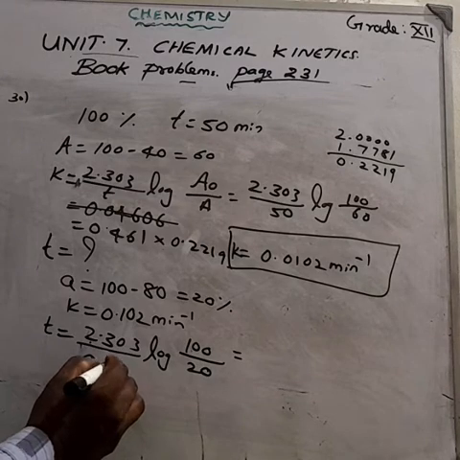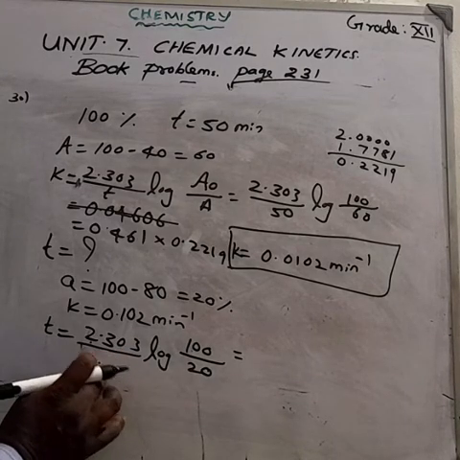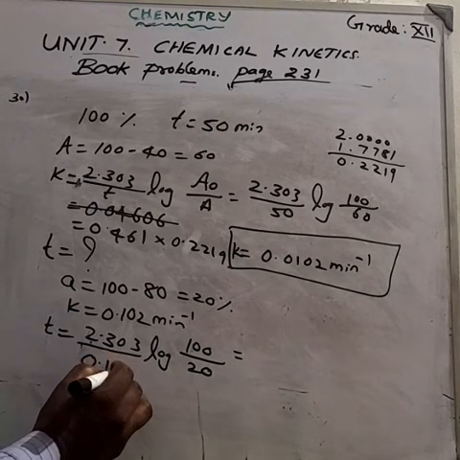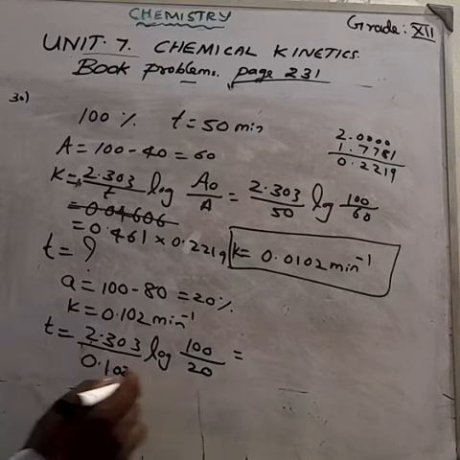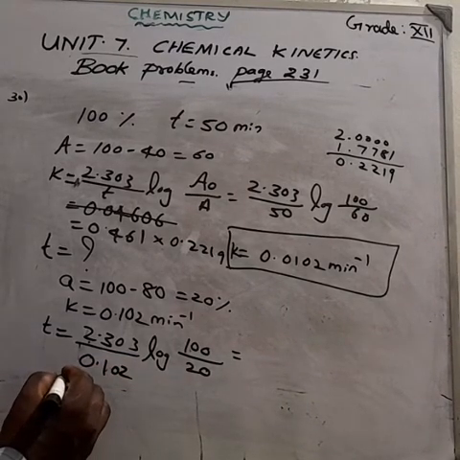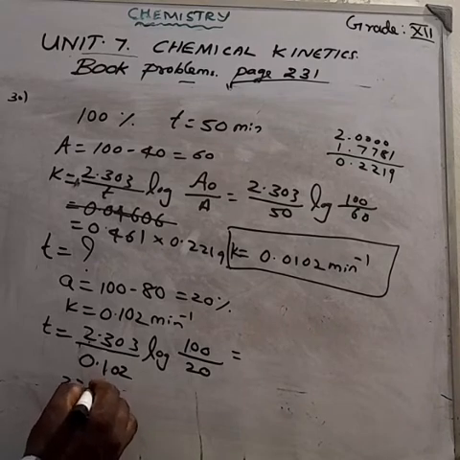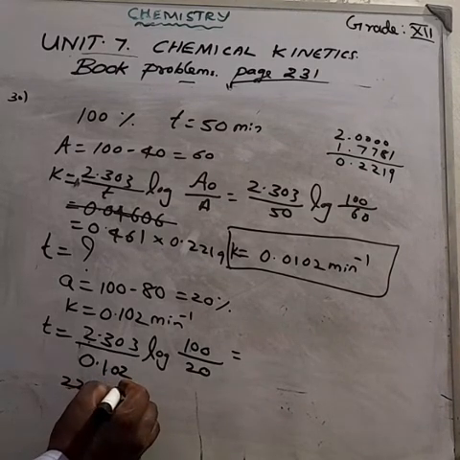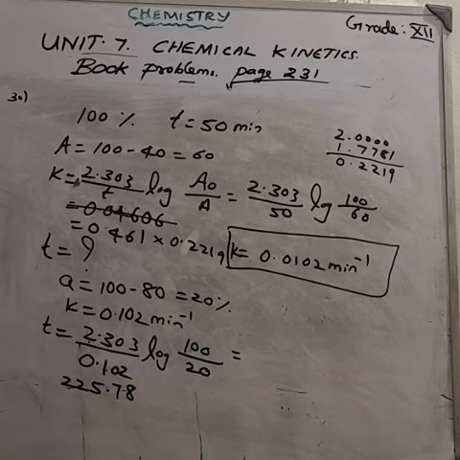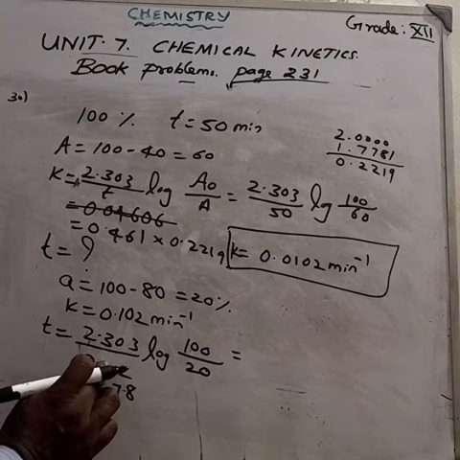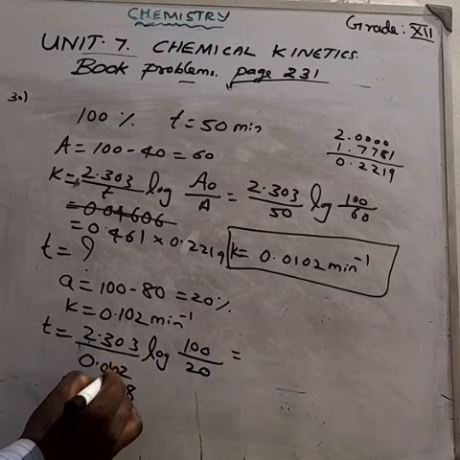I get the value that is equal to 225.78. Then 225.78 log 100 divided by 20.